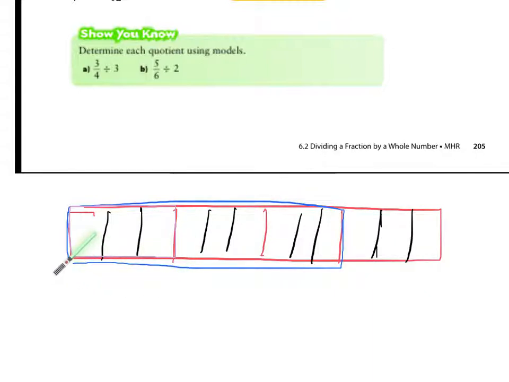So there's now 1, 2, 3, 4, 5, 6, 7, 8, 9, 10, 11, 12. So this one's worth 1/12. And so is this. That's 2/12. And the last one over here is a total of 3/12. So 3/4 divided by 3 is equal to 3/12.